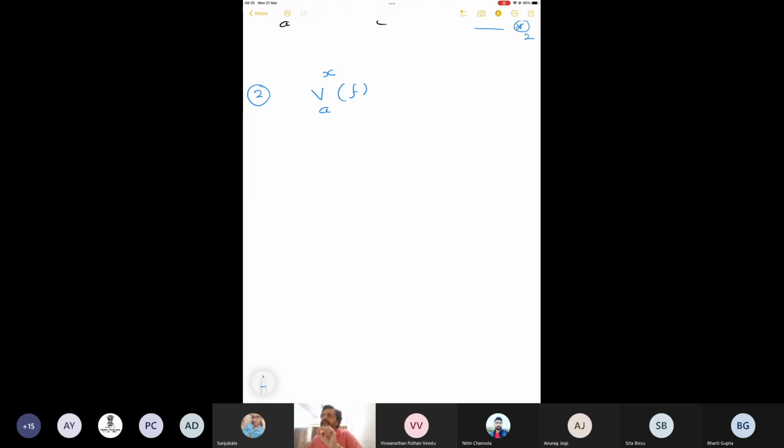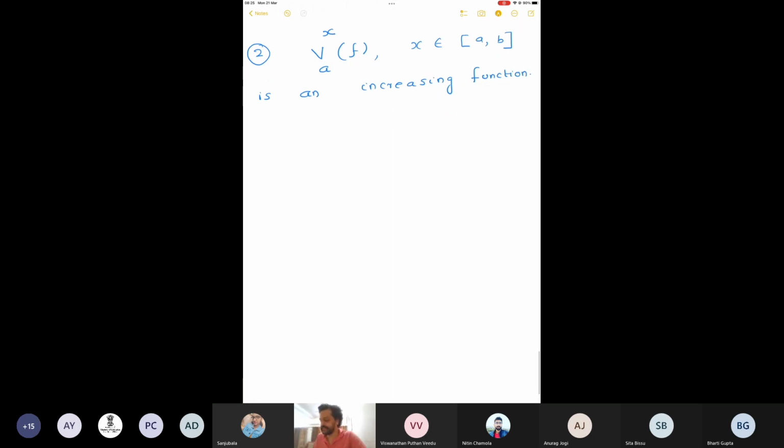Now I am fixing X between A and B. For X in AB it is an increasing function as a function of x. As x increases, the variation of f over the interval AX also increases. That's easy to see.